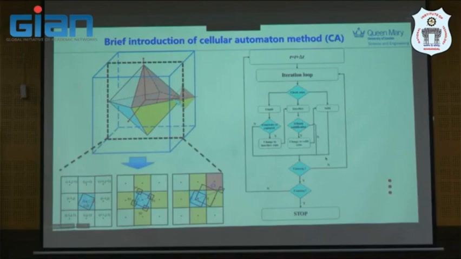In our simulation, we define 3 states of cell. The first one is liquid, the second is interface, and the third one is solid state. The solid state cell has a solid phase fraction of unity, meaning the phase fraction is 1, while liquid cells have a solid phase fraction of 0. And the liquid flow only occurs in liquid cells and interface cells.